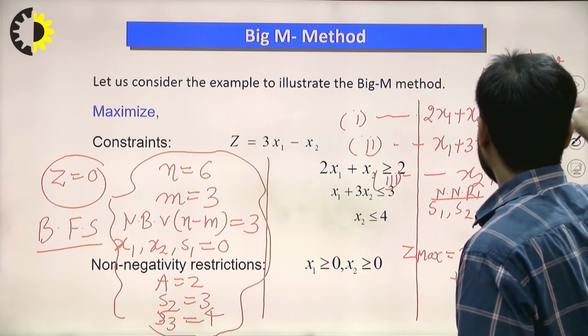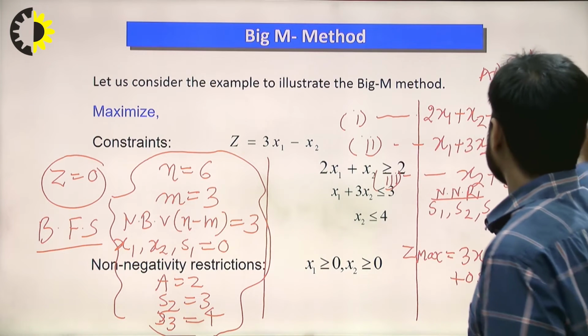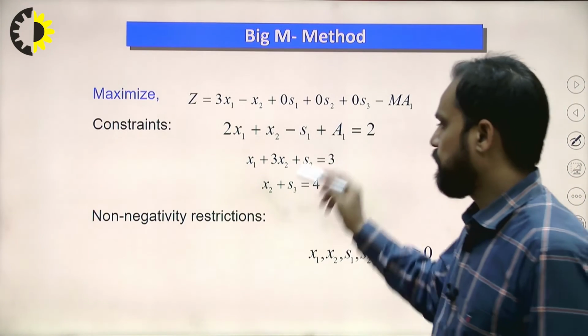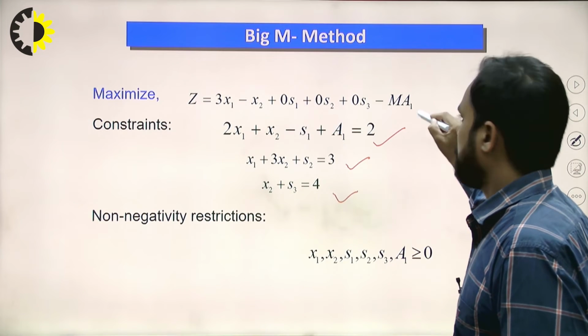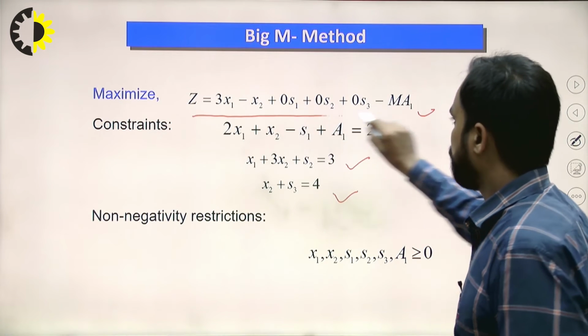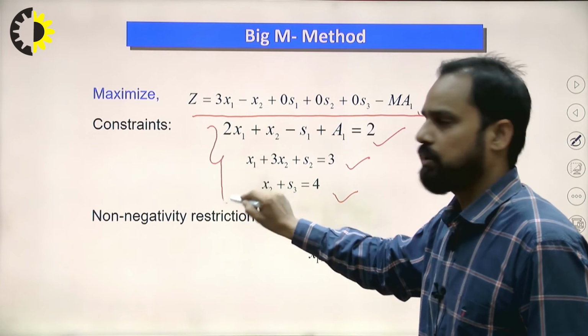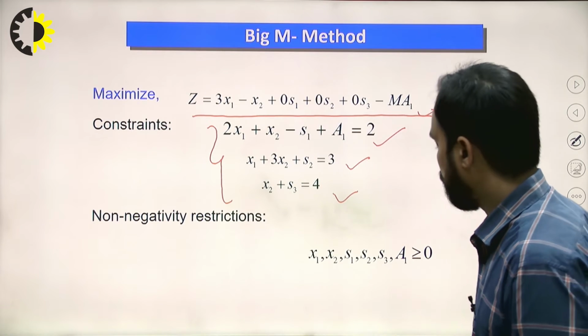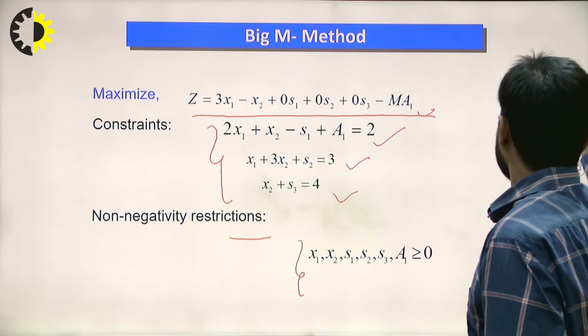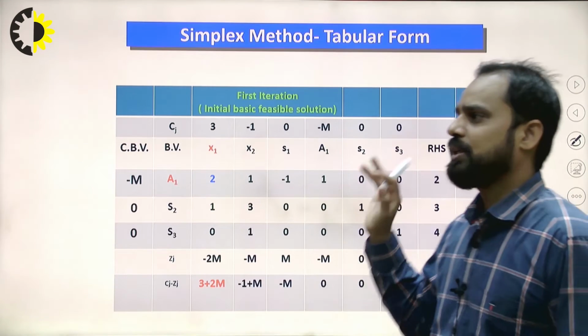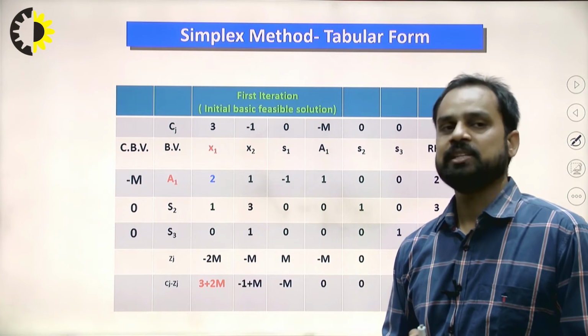Now if we convert it into tabular form, the tabular form will be like this, just like we have converted earlier. This is the objective function, and these are the constraints. In the previous slide I have already converted these, and these are the restrictions. So this is the tabular form of the basic feasible solution.